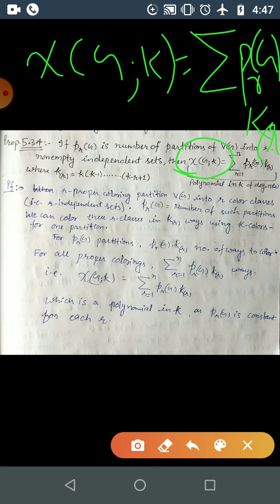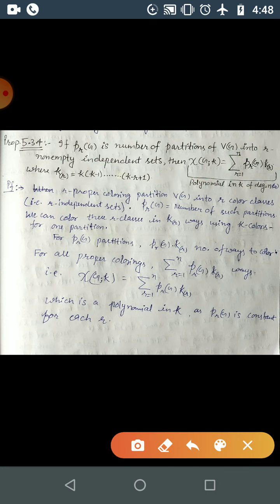And what is this KR? KR is the number of colorings of the complete graph of order R, okay? So this will be the multiplication to this one, okay? So here I have just written this one, okay?